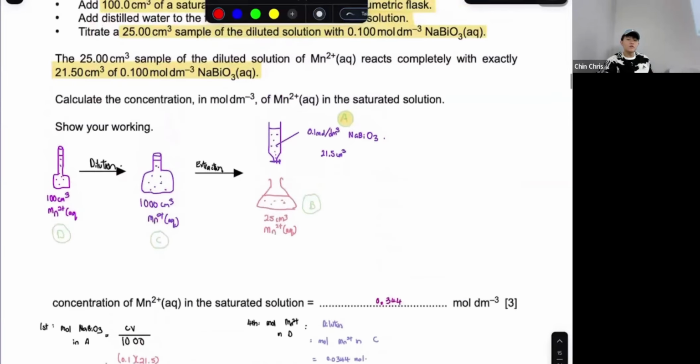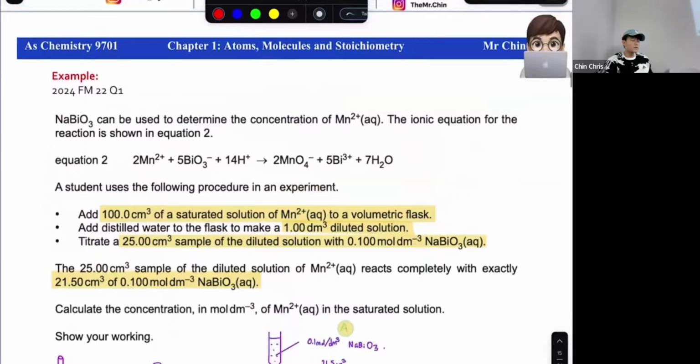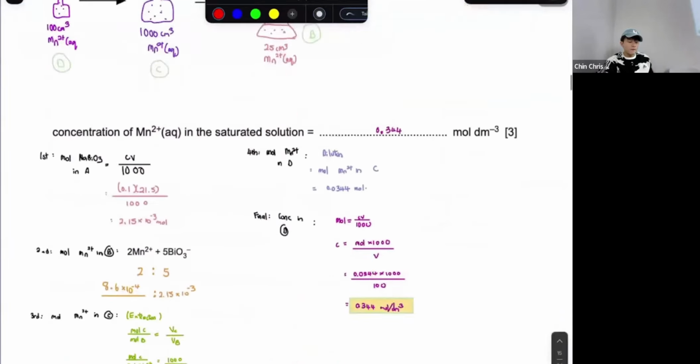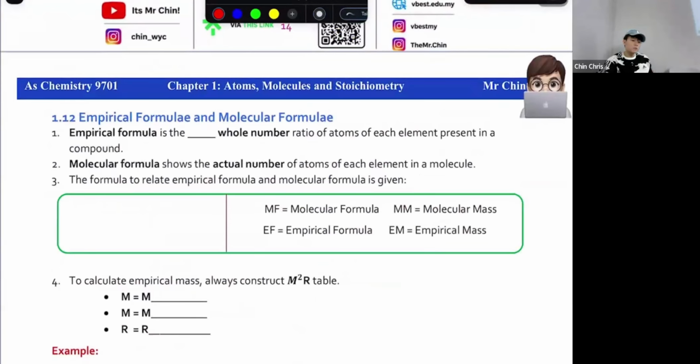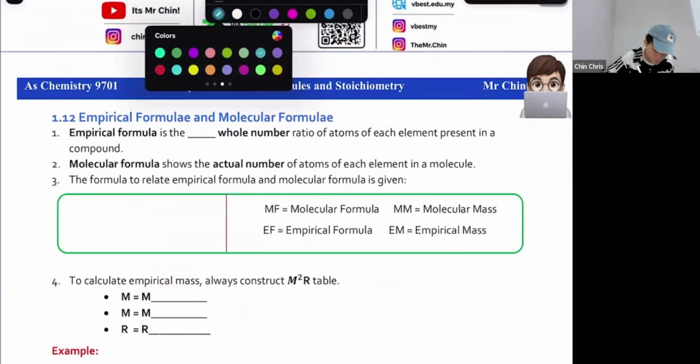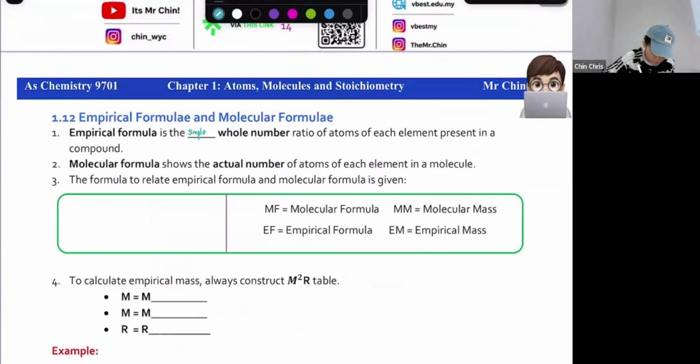Whoever completes that, you can refer to the recording later on to copy down the missing part. All right, guys, now what we have is empirical formula. So what is empirical formula? We call it the simplest whole number ratio. It's always the simplest whole number ratio. Guys, how do we find the molecular formula? Molecular formula divided by empirical formula equals molecular mass over empirical mass.